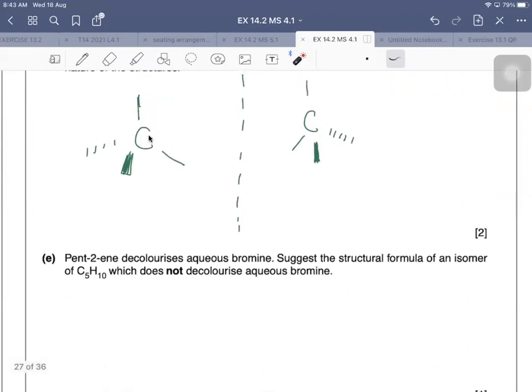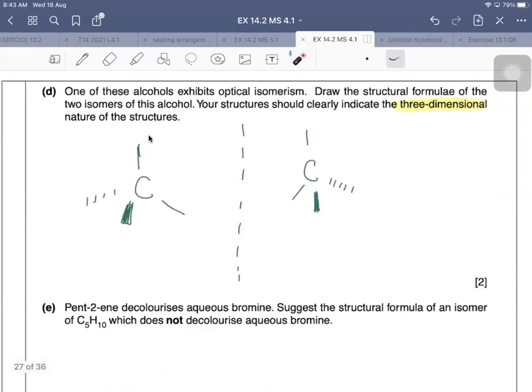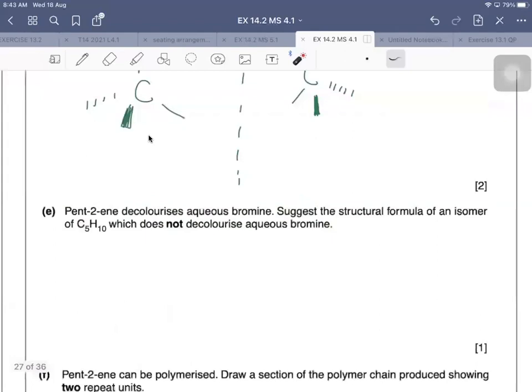I just want to talk about question E quickly. Pentene decolorizes aqueous bromine. Suggest the structural formula of an isomer of C5H10 which does not decolorize aqueous bromine. Now there's a problem with this question because they're actually asking you for an alkane with the formula C5H10 that doesn't decolorize bromine.